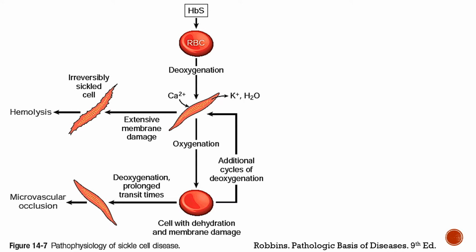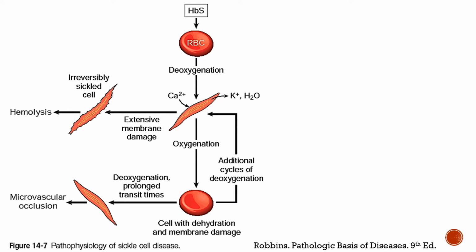Now, this repeated change in the structure renders the membrane very vulnerable to damage, and after this repeated change, a point appears where the sickle cell becomes irreversibly sickled. That means they cannot go back to the discoid form even if they get oxygenated hemoglobin.